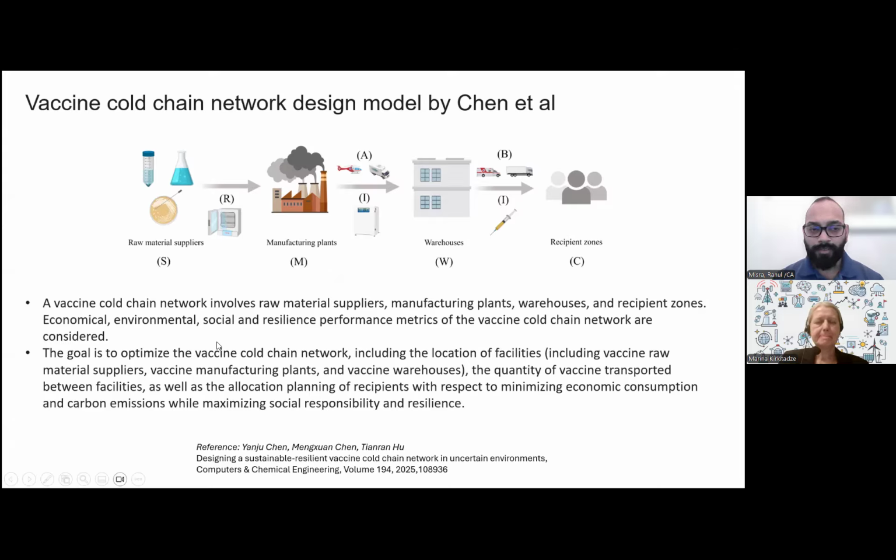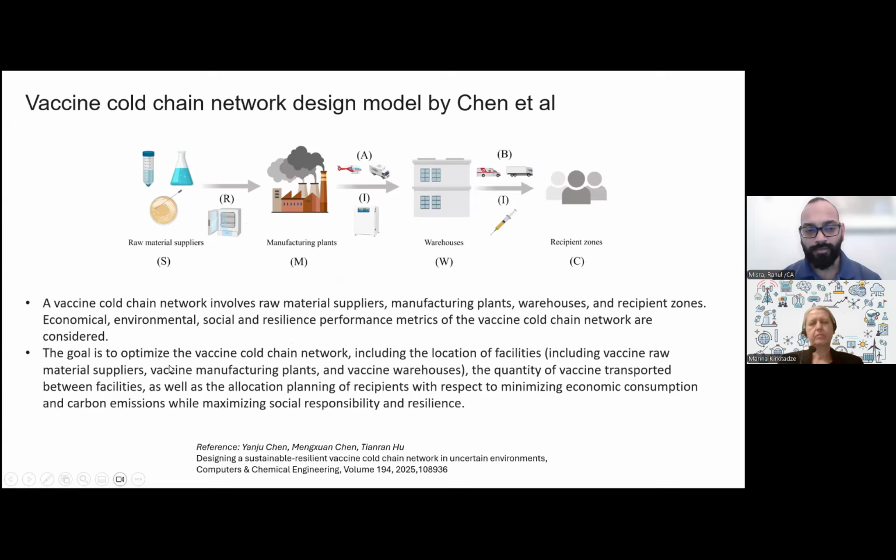So this vaccine cold chain network involves raw material suppliers, designated as S, and manufacturing plants. From manufacturing plants, it goes to the warehouses, with different transportation modalities, and from warehouses, it goes to the recipient zones. But in this whole process, there are economic, environmental, social, and resilience performance metrics involved, which they accounted for in their network model.